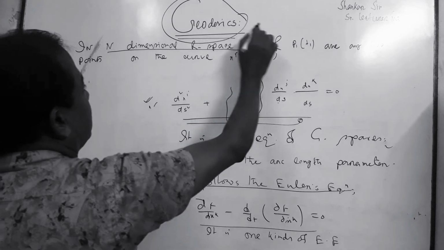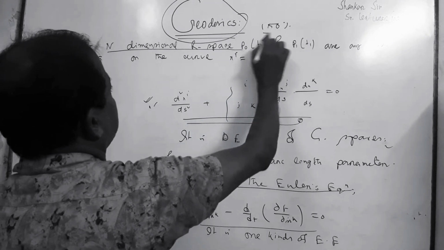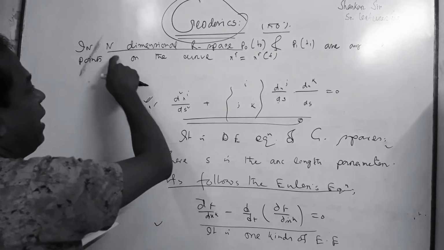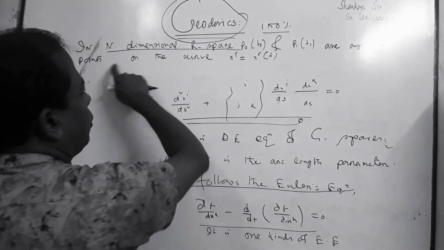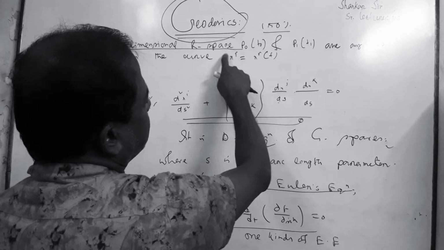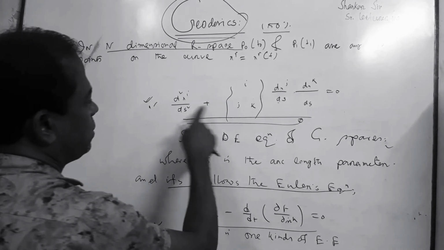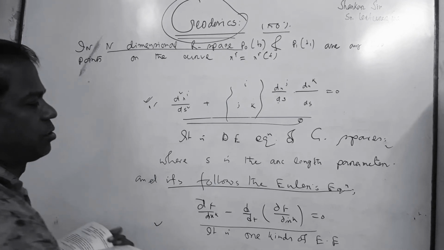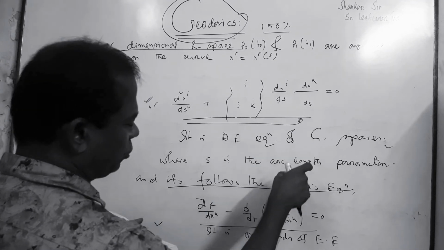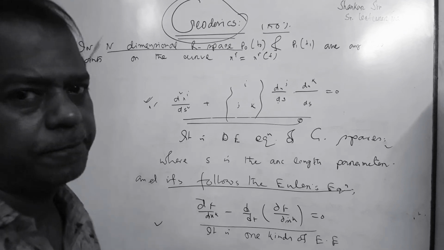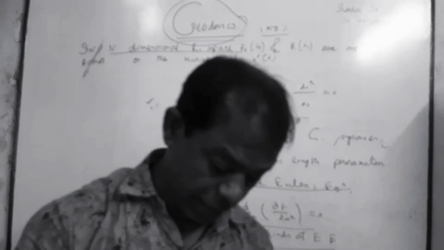It is 100% important. So, in n-dimensional r space, P0 and P1 are any two points on the space curve x(r) equal to x(r)(t). That's the rule, and follow that rule. This is the geodesic formula, and it follows these rules or equation. Okay, thank you.